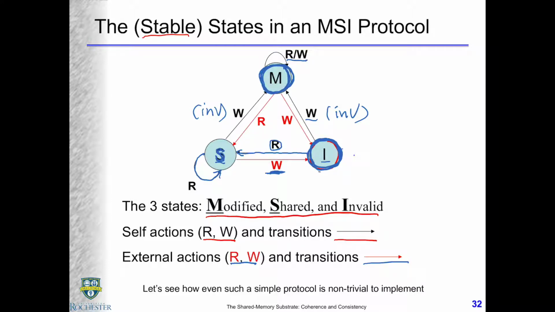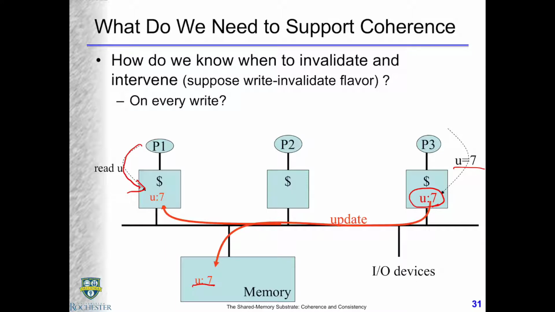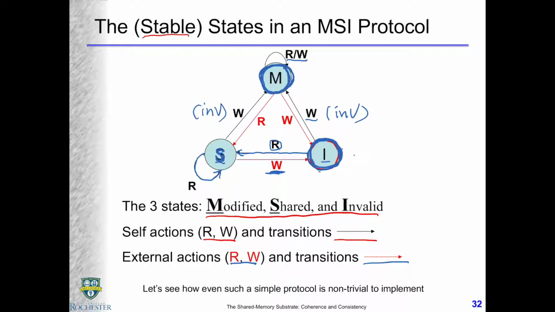Okay, so that's easy. If I am already in the modified state, and someone else issues a read, what happens? Think about it. Pause the video if you need. The answer should be intervene, right? That's what we said early on. If this processor starts to read, we have to detect that over here and intervene and supply the data.